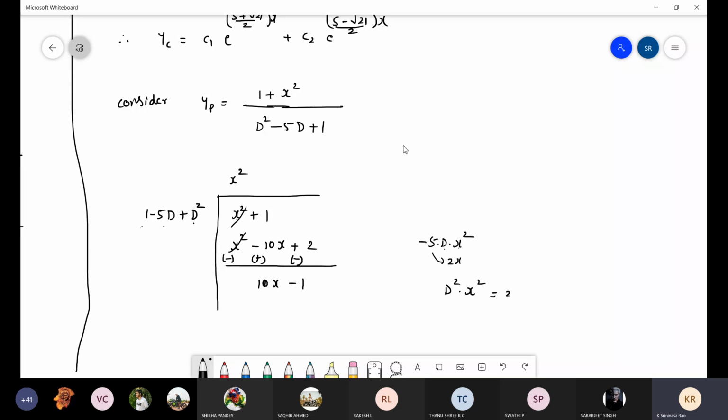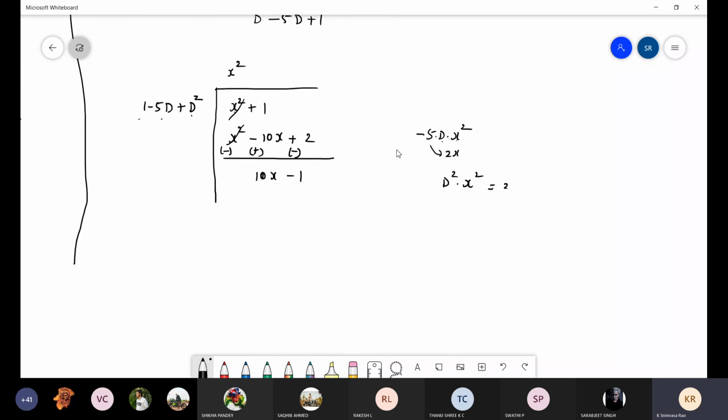Yes, again follow the same procedure such that I should get 0 at the last. Now first term 10x divided by 1 is plus 10x. And multiply now. 10x into 1 is 10x. Then 10x into minus 5d. So plus into minus is minus 5d differentiation.